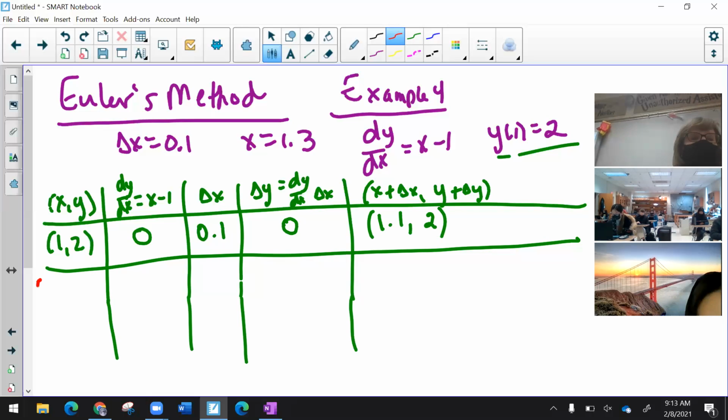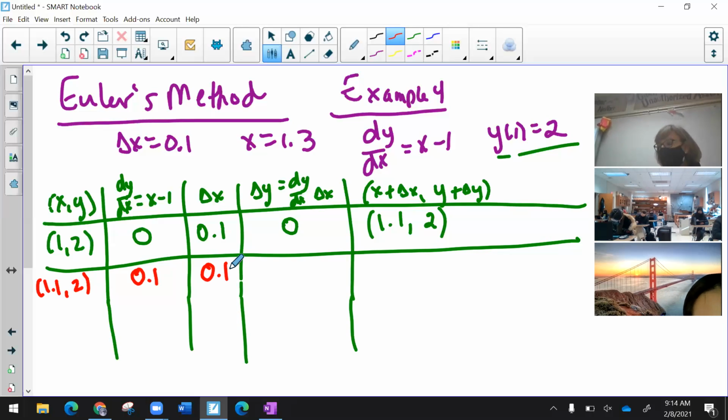And then that becomes my new point. So dy/dx is equal to x minus 1. 1.1 minus 1 gives me 0.1.